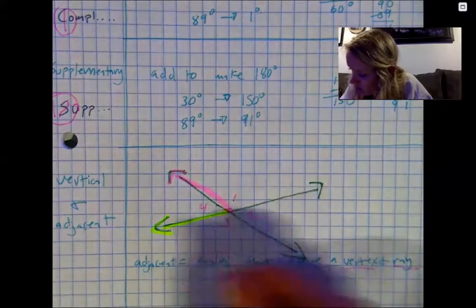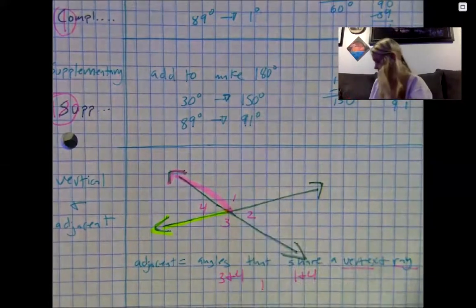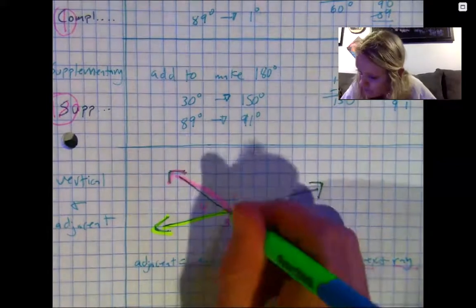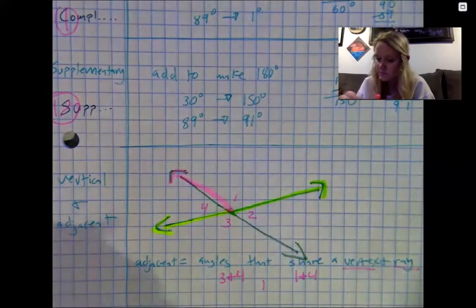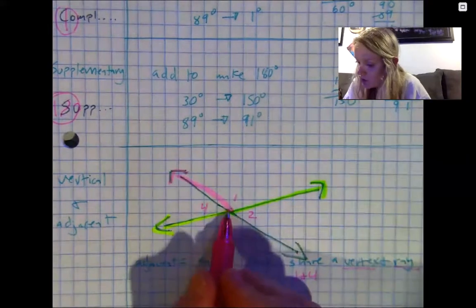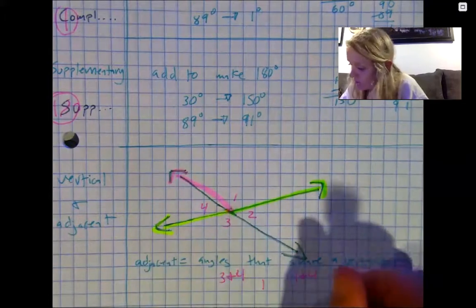So another pair is 1 and 4. What shares a ray here? This shares this ray. Angles 1 and 2 touch and they share a ray.